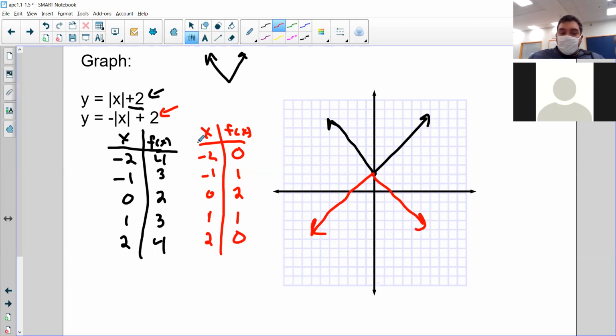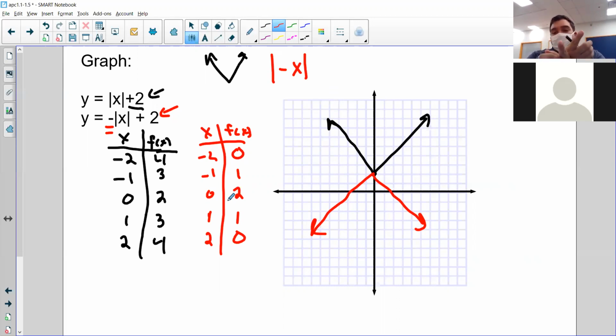So this matches what we said earlier. If this value right here that's being multiplied to the function is negative, it's going to do a vertical flip. Now, if it was inside the variable, or in the function, it would do a horizontal flip.